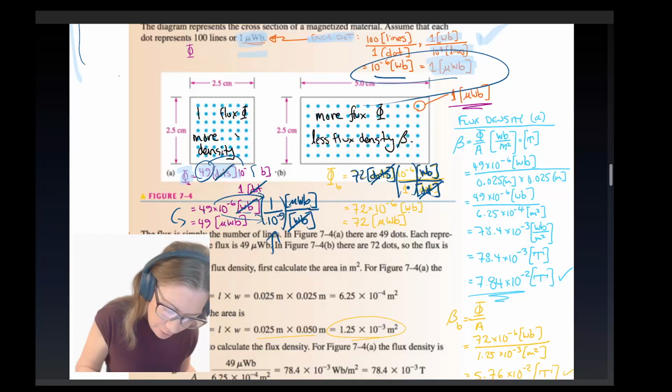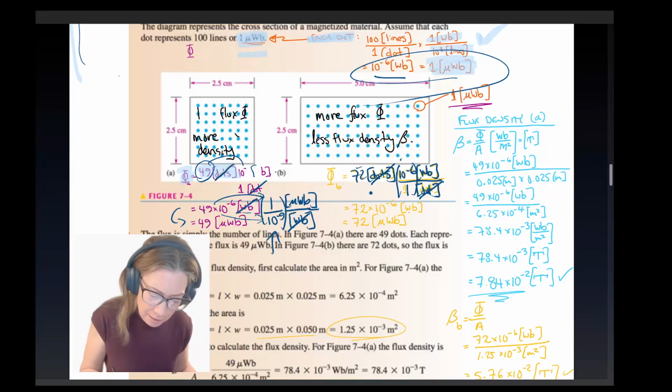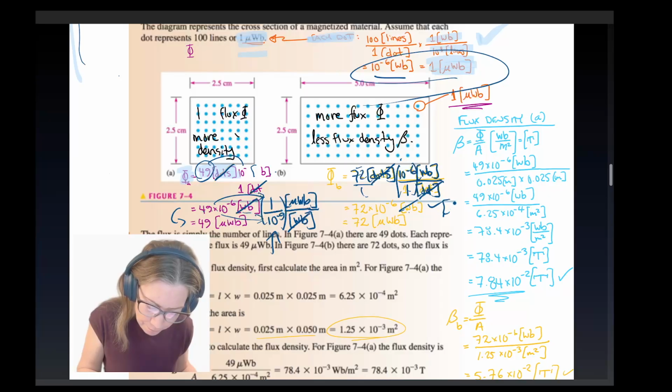Well, then I know in each one dot, there's 10 to the negative 6 Webers. So now I go 72 times 10 to the negative 6 over 1 times 1. Now, I don't want that Weber there. I want to cross that out with another Weber in the denominator here.